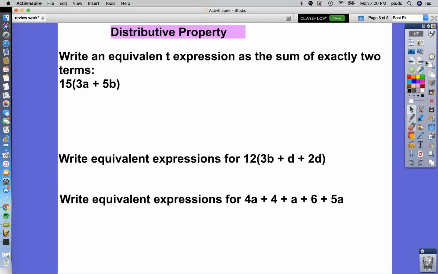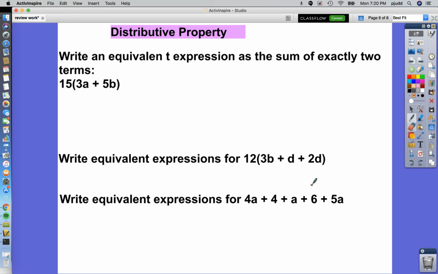Okay, distributive property. We see this everywhere. And we've been practicing writing an expression as the sum of exactly two terms in math class. So I want you to work on this one. And then I want you to write equivalent expressions for this and equivalent expressions for this.